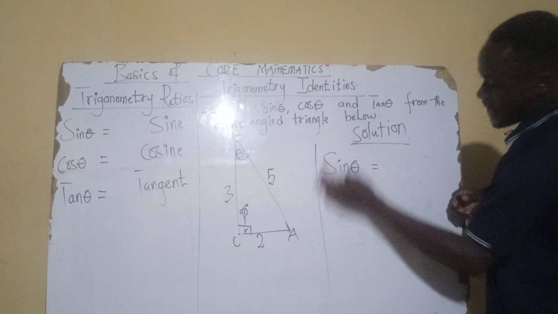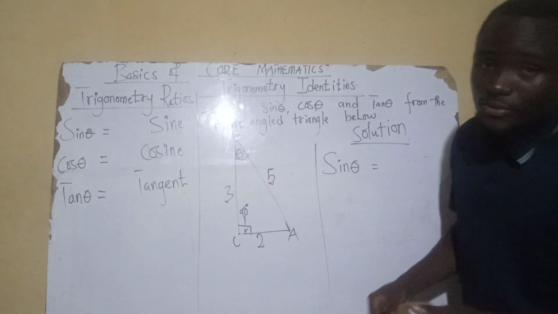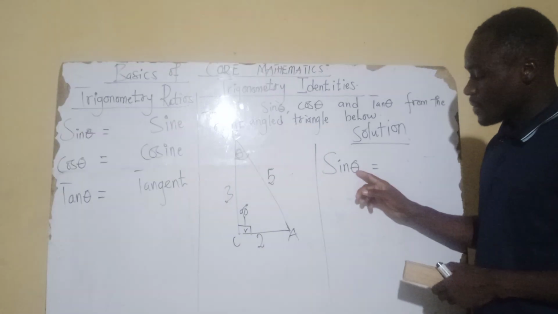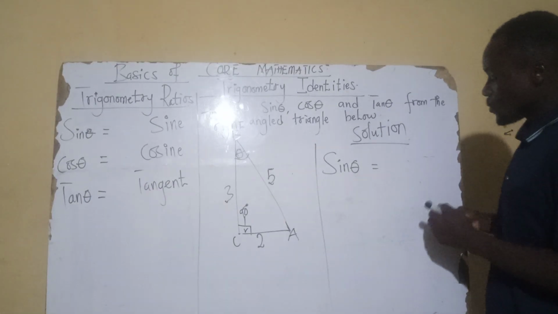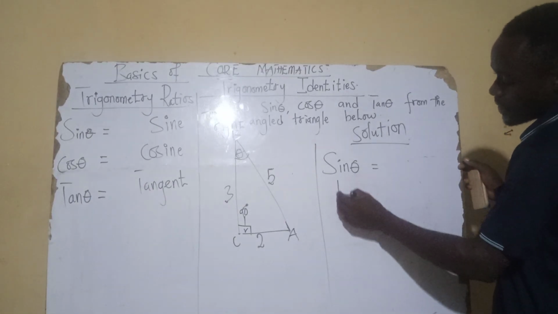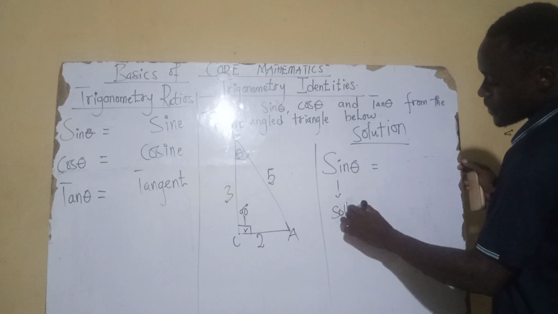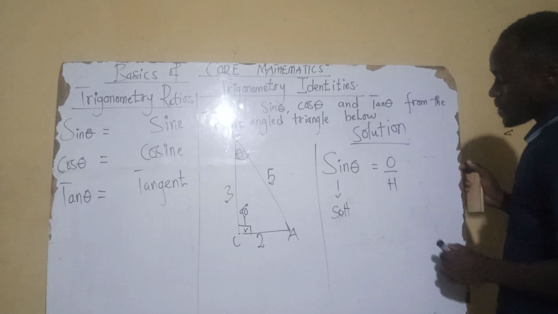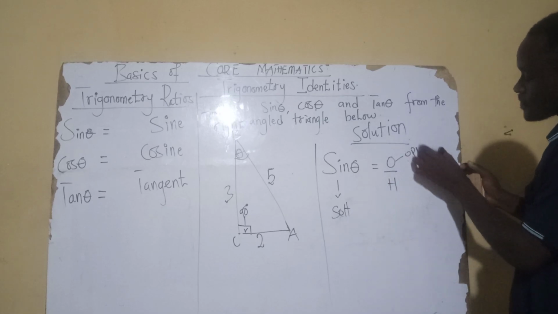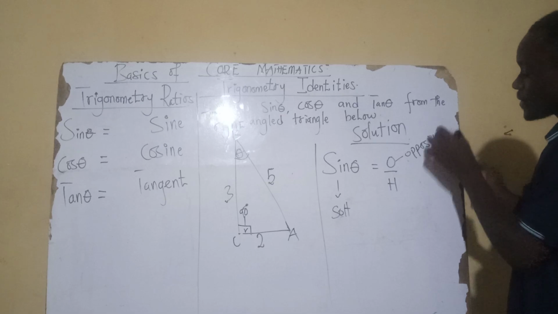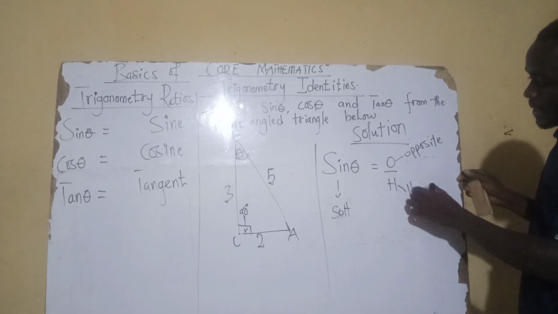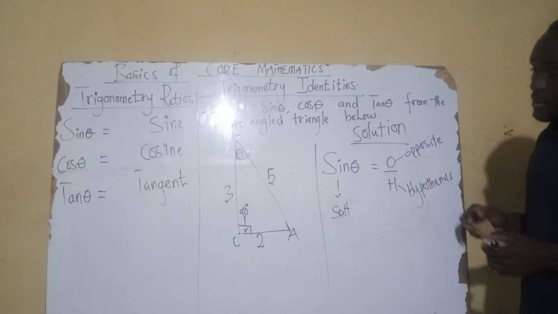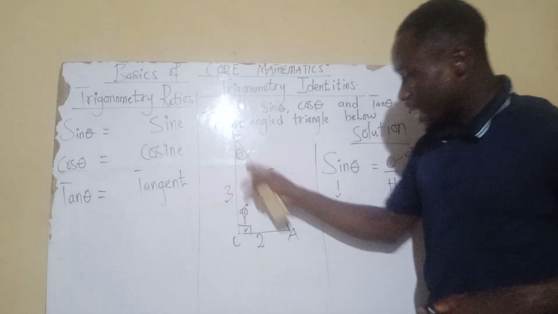I want to find this value with respect to the right angle triangle that I have here. Remember, sine here simply means SOH: opposite over hypotenuse. The O here is the opposite, and the H here is the hypotenuse.